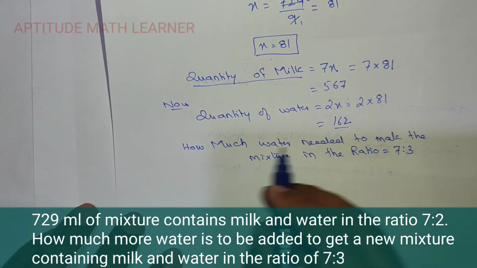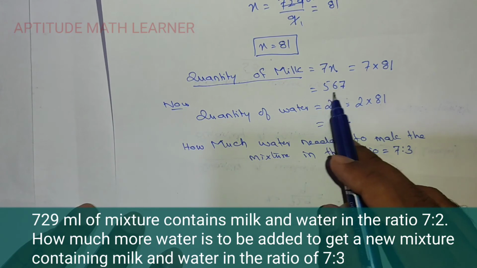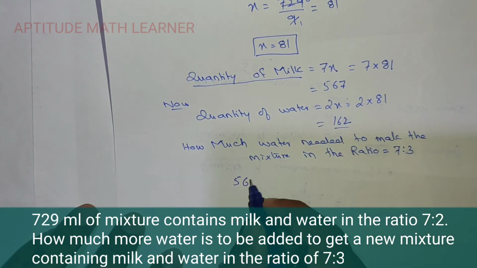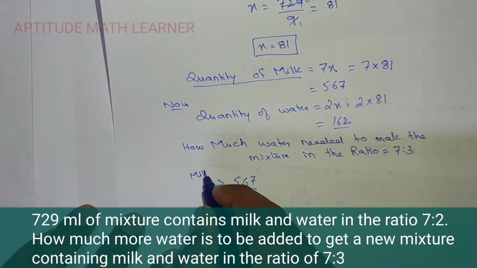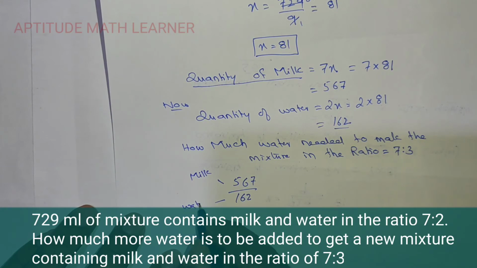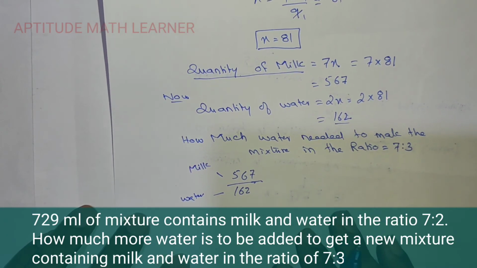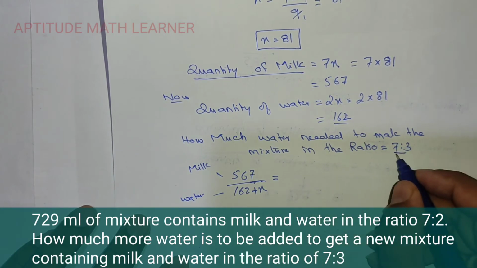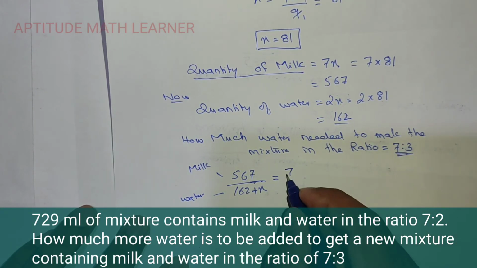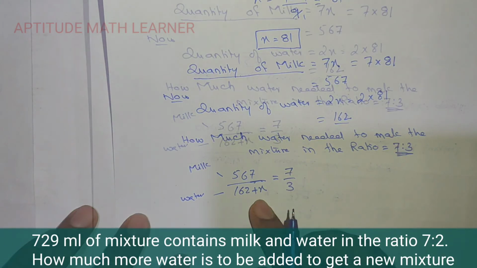We take milk and water, 567 upon 162. This is the milk in ml and this is the water in ml. Now you have to understand how much water needs to be added to get the ratio 7:3. So the water becomes 162 plus x, and the ratio is 7/3. So we have to find x.